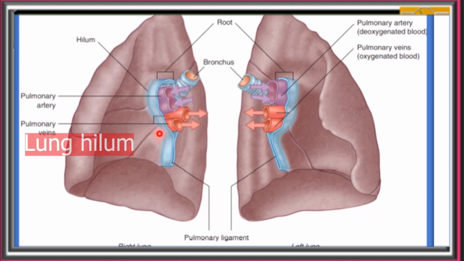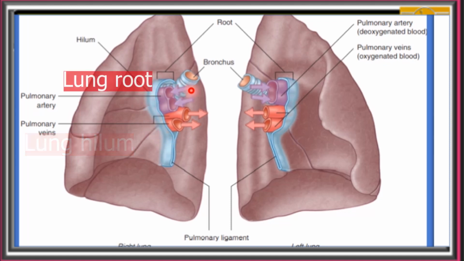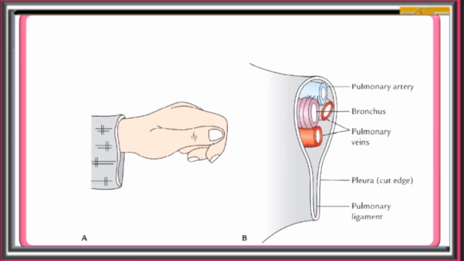Now, this area is the lung hilum, and these structures called the lung root enter the lung through the lung hilum. Now, the pleura surrounds this lung root the same way the cuff of a jacket surrounds the wrist. Let's look at this other structure. Now, assume the wrist here as the lung root, and then this is the lung hilum.